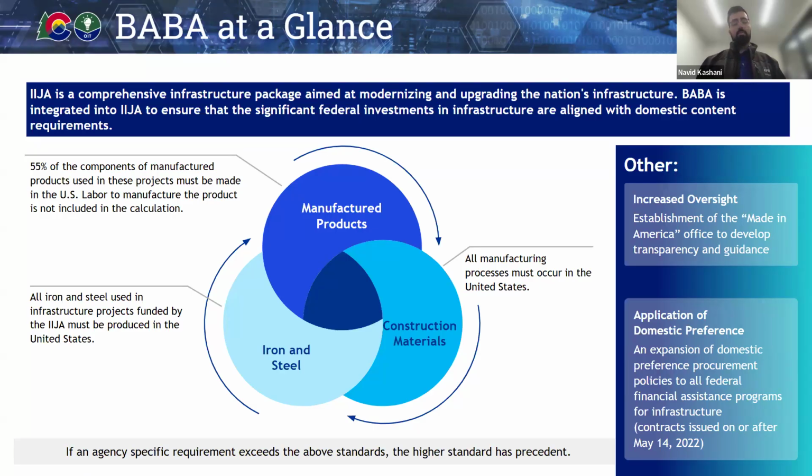Manufactured products is probably what most people are interested in. It's at the top there. I could give you the legal definition for what a manufactured product is, which talks about articles, materials, and supplies that have been processed into a specific form and shape, et cetera. But what I really want you to take away is that a manufactured product needs to be something more involved than simple assembly. It has to have some sort of transformative element from the parts, supplies, and components that you're pulling together.